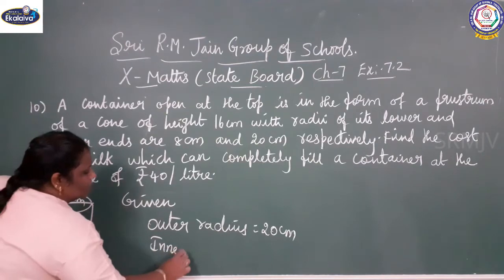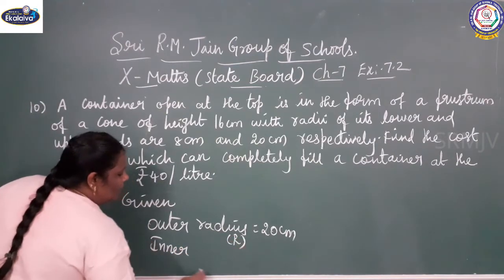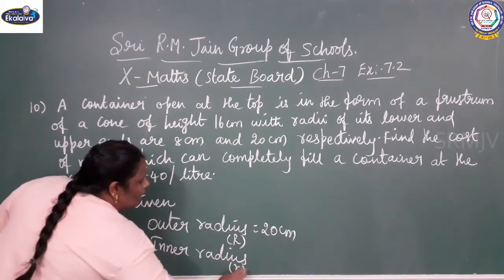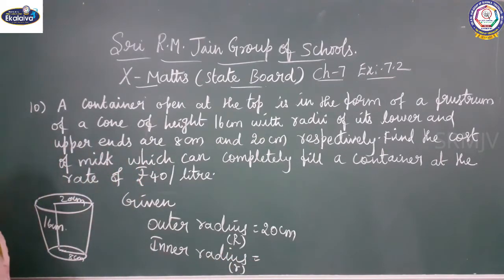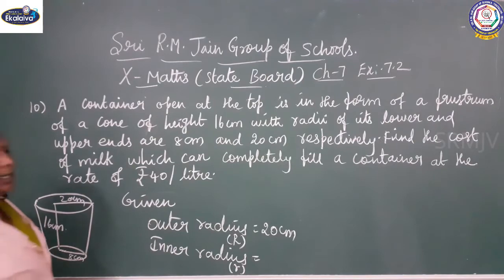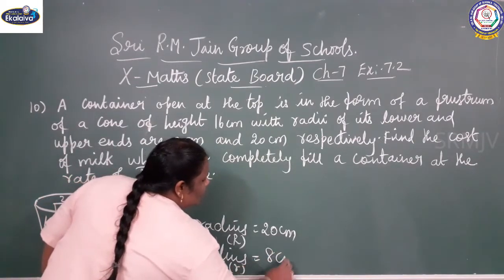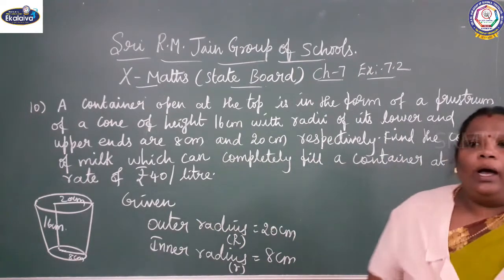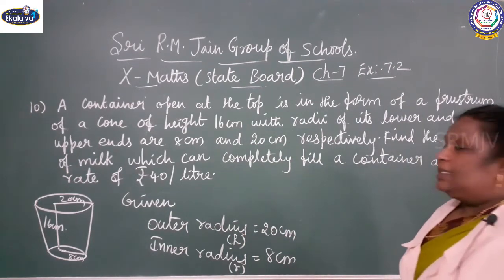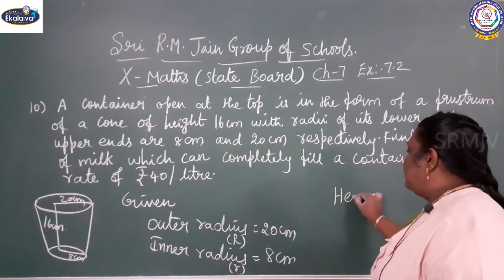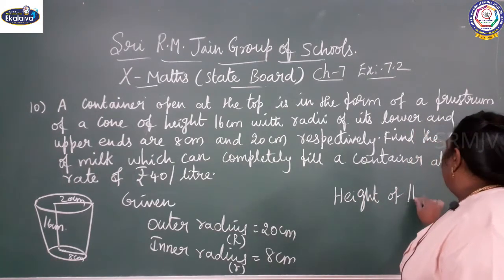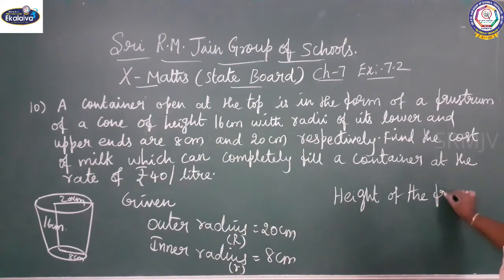Inner radius, see this is capital R, inner radius small r equal to 8 centimeter, height equal to 16 centimeter, height of the frustum.